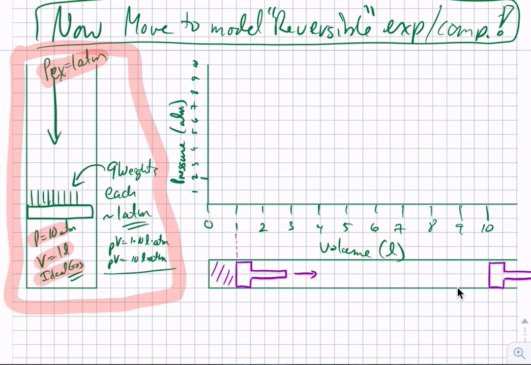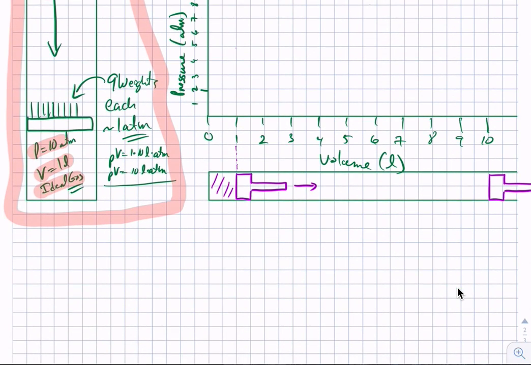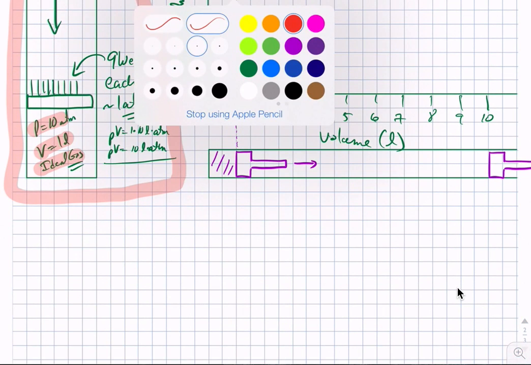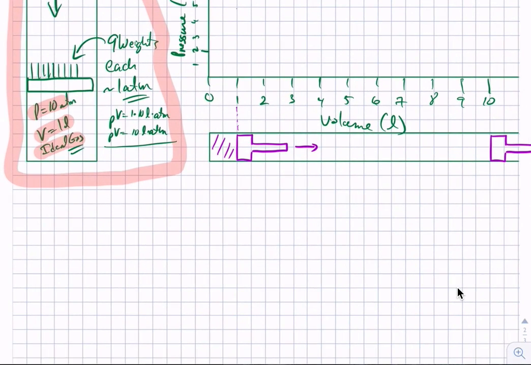So let's do an experiment, so to speak. Let's first do an experiment where we remove all 9 weights at once.